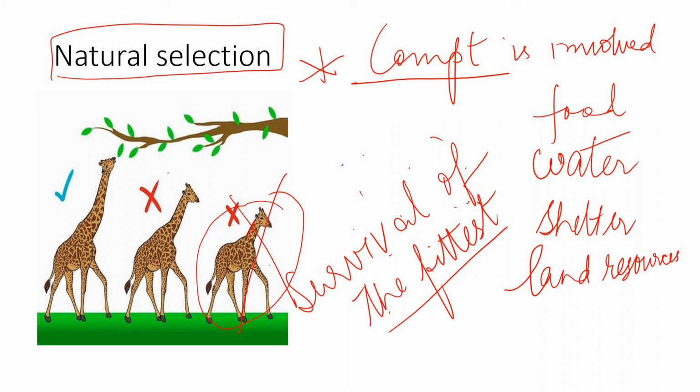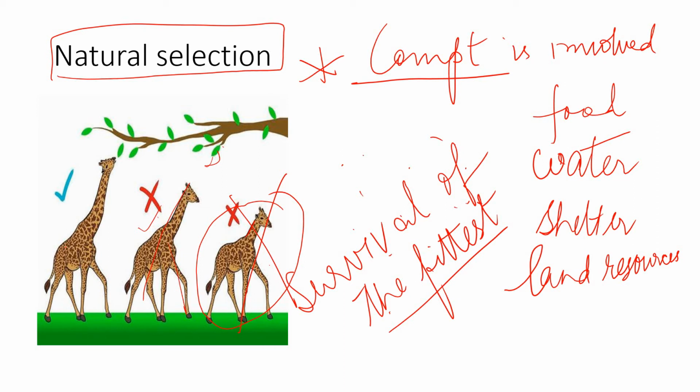Next comes another species of giraffe. When this species also saw that it could not reach and pluck the leaves, even this giraffe didn't survive. Again, it was not better adapted to the environment. And finally comes the giraffe that we see in the zoo.